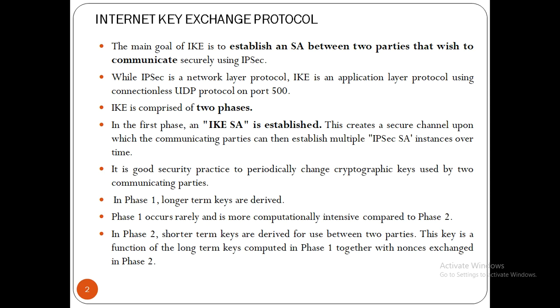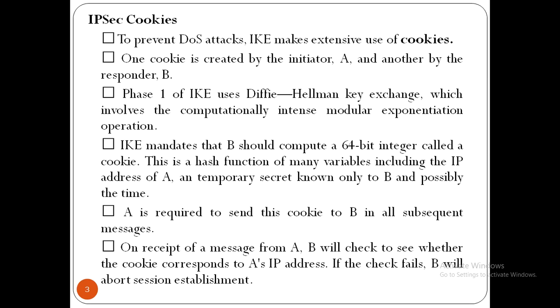Now let us discuss both of these two phases in detail along with the diagrams. Before that, I would like to bring one more piece of knowledge. With the IKE protocol, if an attacker tries to trap the line between the two parties, say for example A and B, the attacker will have no way to spoof the cookie which is created in response to a request from any party, that is A or B. So here we are trying to overcome the problem of spoofing, where the attacker is able to act as a known source.